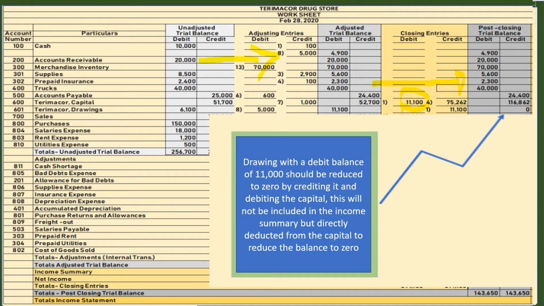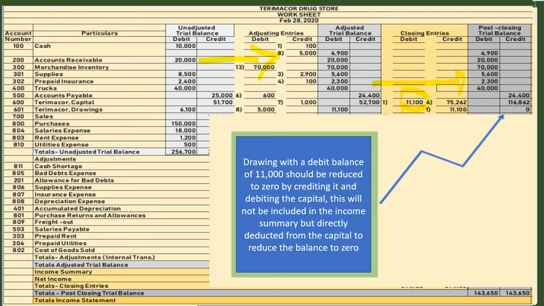A drawing will always decrease a capital account. So the entry of the drawing is debit drawing, credit cash. Now we're going to record it as a closing entry. We're going to make it zero. We're going to debit the capital and credit the drawing account.